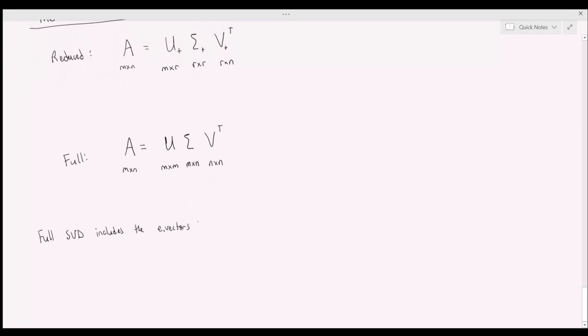So the full SVD includes the eigenvectors corresponding to any zero eigenvalues of A transpose A or A A transpose.